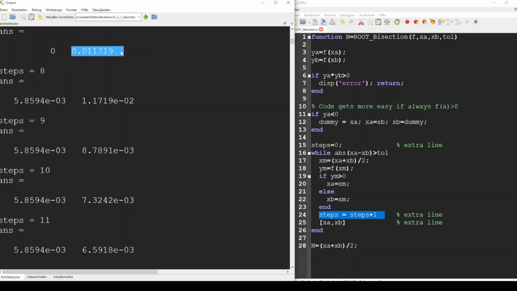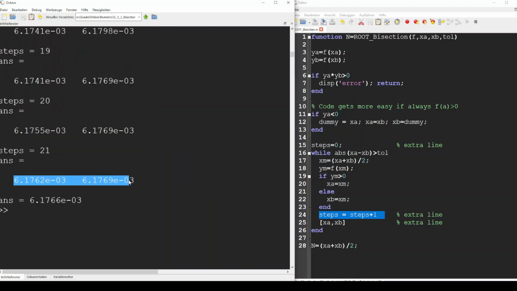This is the same number as it is here, and it's 1.1719 times 10 to the power of minus 2. So this goes on and on. Then we finish with that interval, and the user gets the information. This is the root of this function, or better, an approximation of the root of that function.